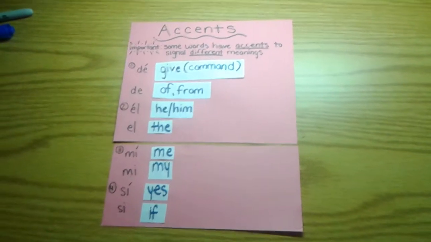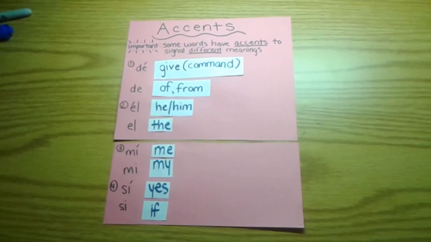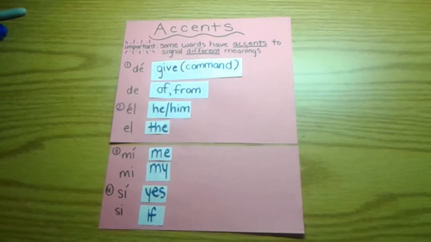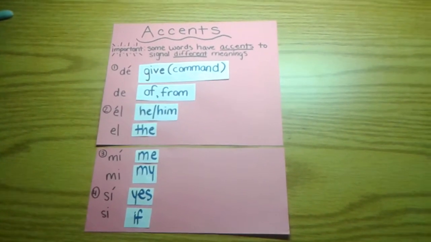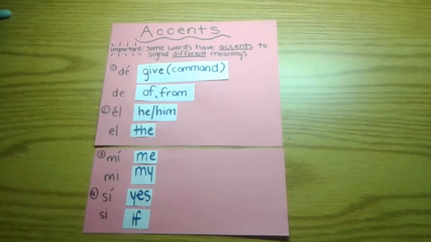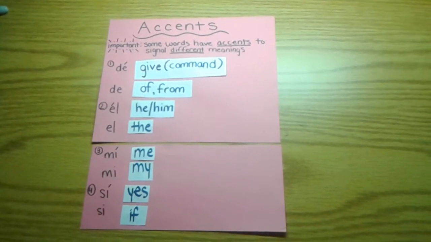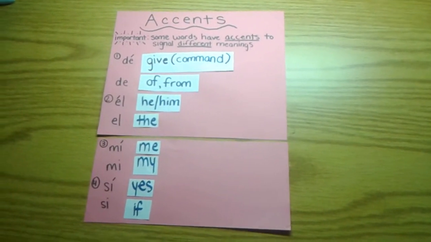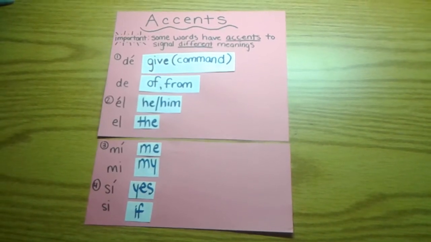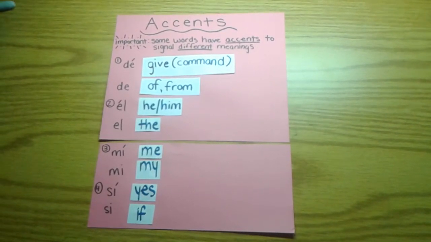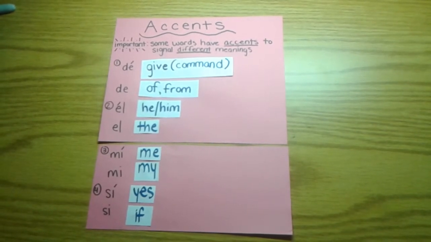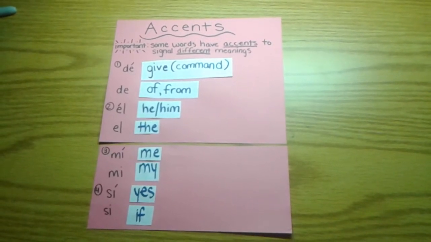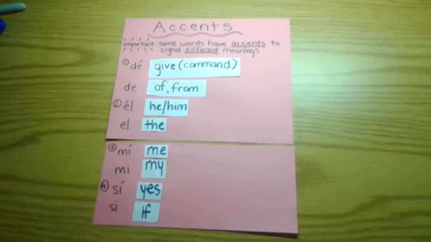For our last two pairs, el without an accent means the. Él with an accent means he or him. Think about Justin Bieber. Him, anyone. And for the last pair, de means of or from, and dé with an accent means give, which is a command.